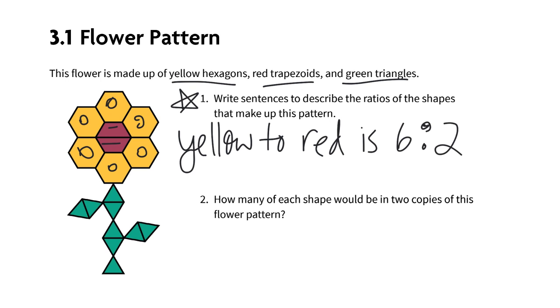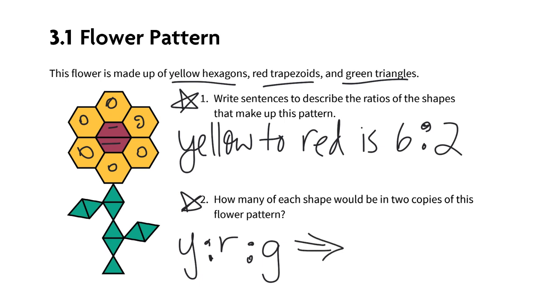Now, of course, we could have said a whole bunch of other sentences, but that's just an example of what we're talking about here. And then it says how many of each shape would be in 2 copies of this flower pattern. So, of course, if we used to have 6 yellows, so yellows to reds to greens.